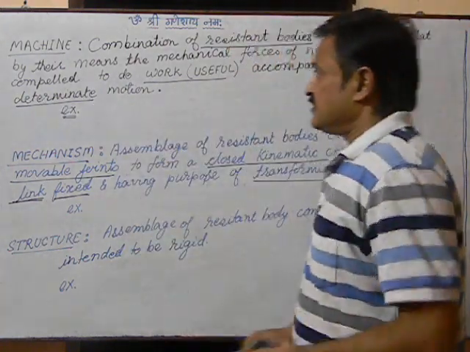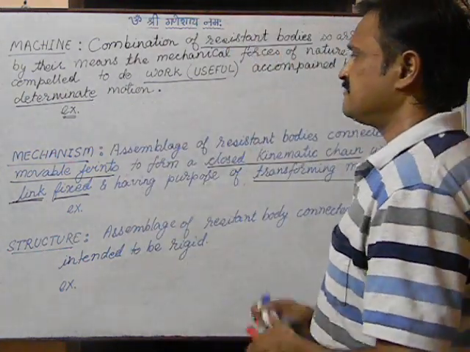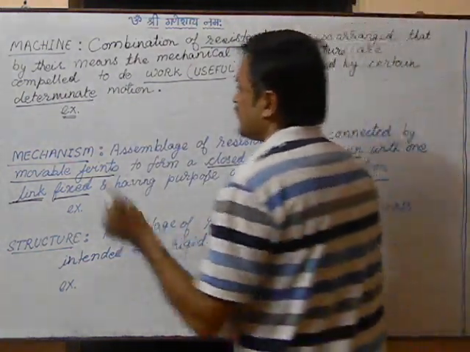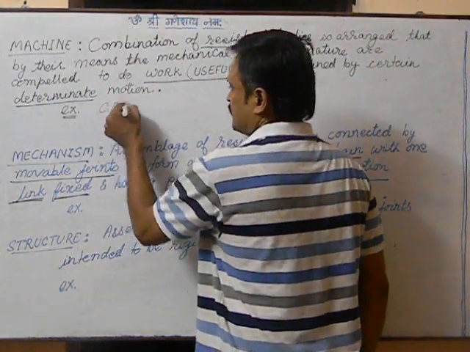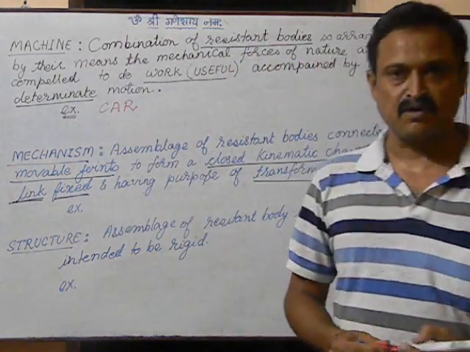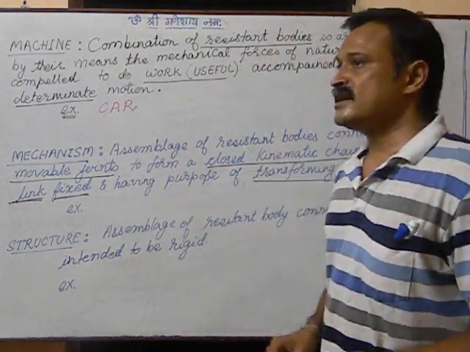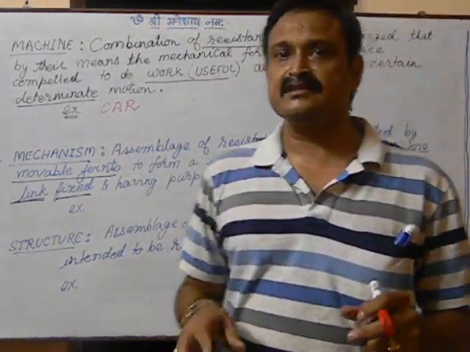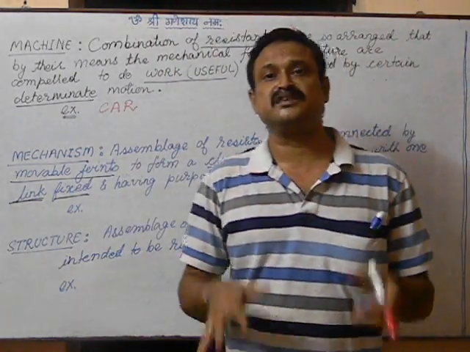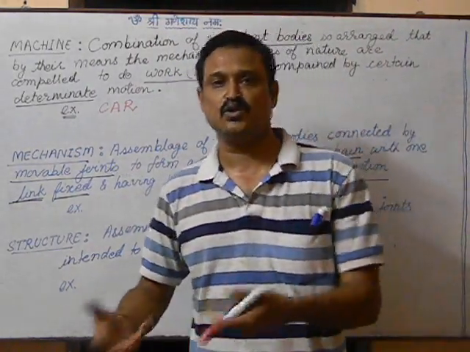In case of a machine, I can quote a very simple example to understand: a car or a vehicle. Here you can see, the car is capable not just of carrying its own load.